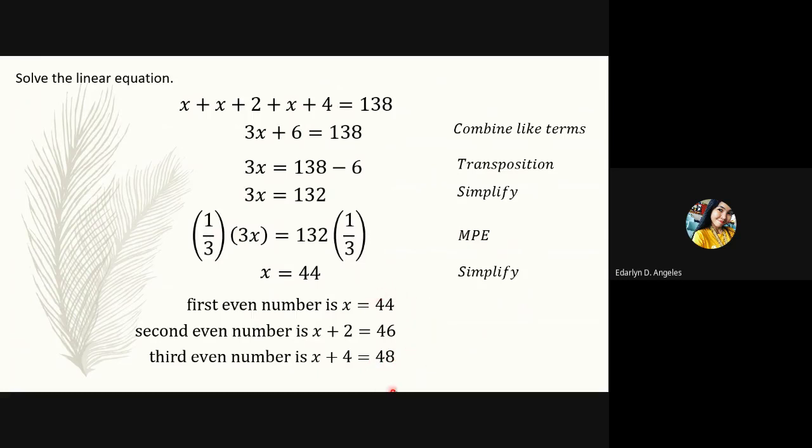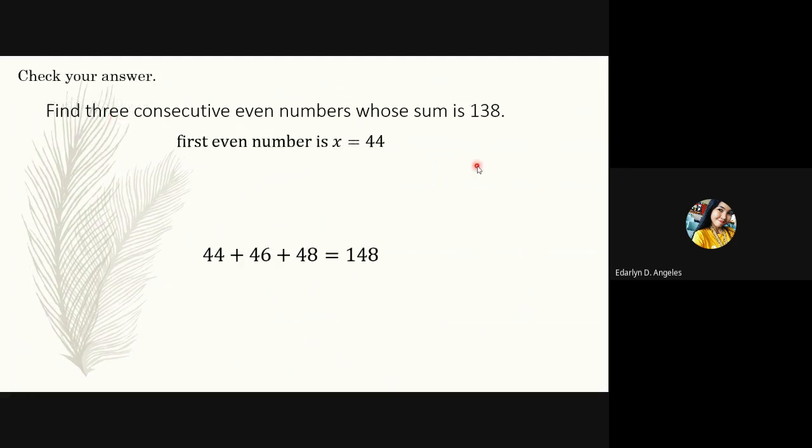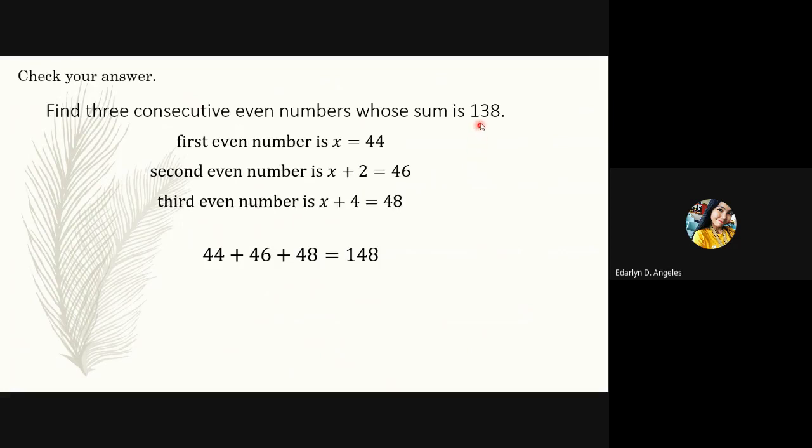So verifying this one, our given is to find the three consecutive even numbers whose sum is 138. As you can see here, let us verify first if they are three consecutive even numbers. As you can see, 44, 46, and 48 are consecutive even numbers, right?